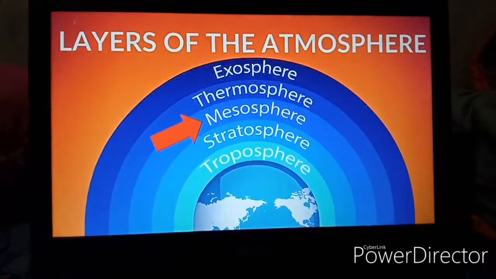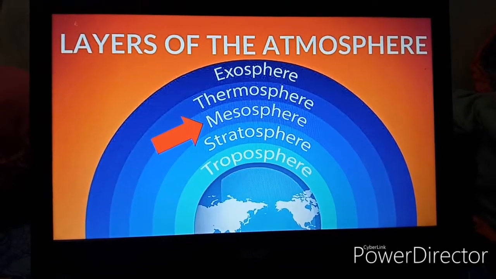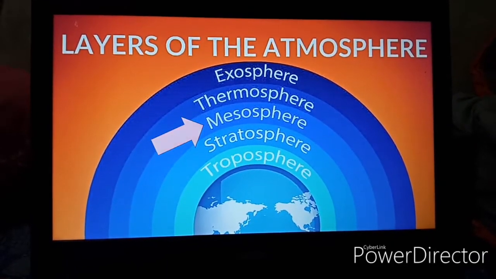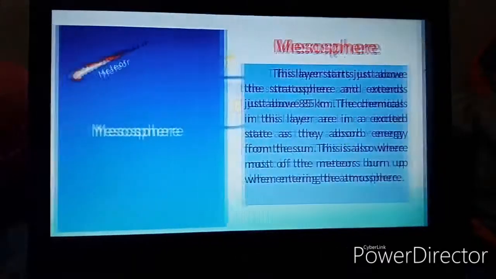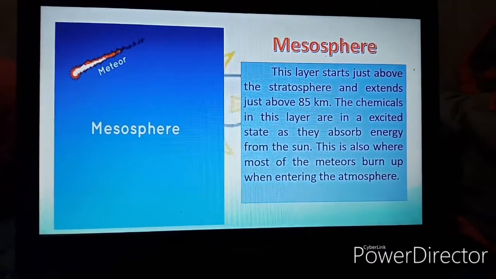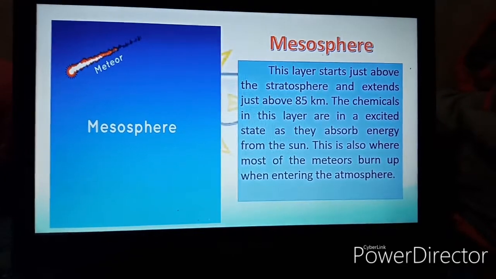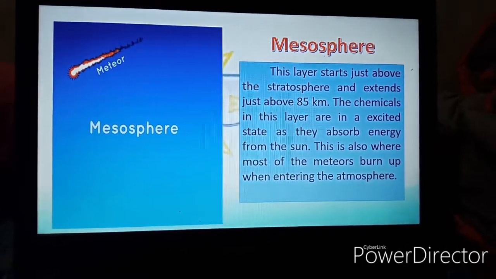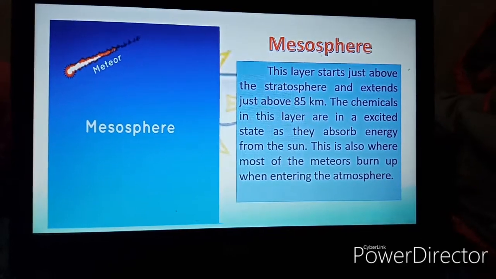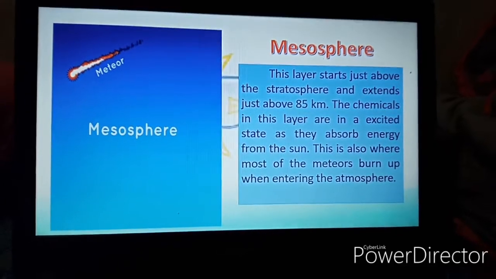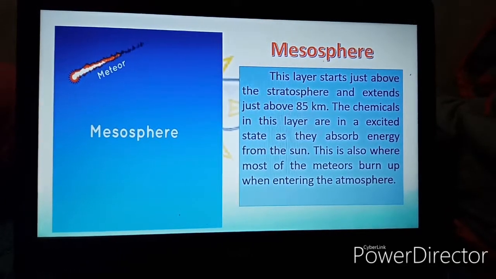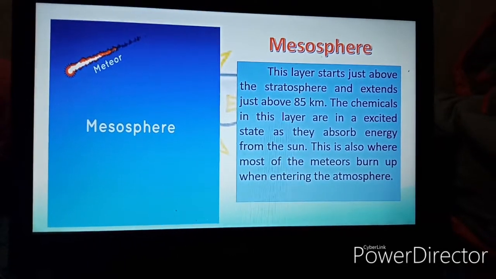Moving on, we have the next layer, the mesosphere. The mesosphere is the layer that starts just above the stratosphere and extends for 85 kilometers. The chemicals in this layer are in an excited state as they absorb energy from the sun.